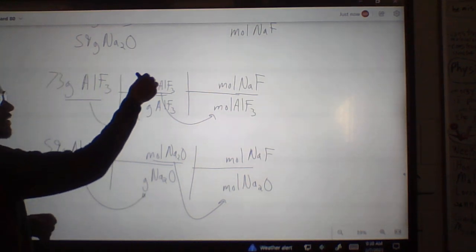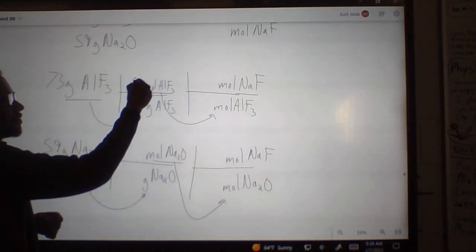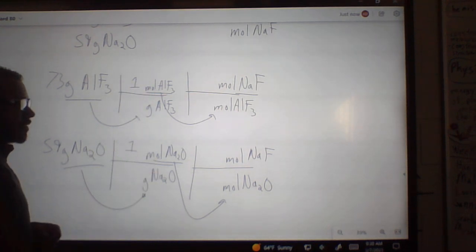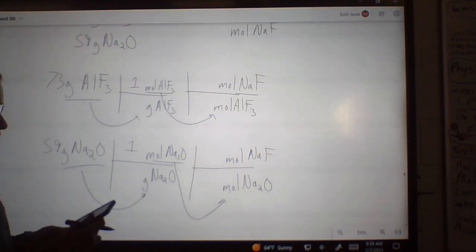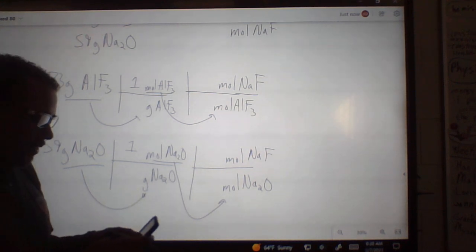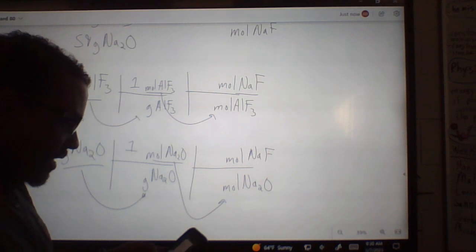All right, so anytime I'm changing moles to grams, the mole can get a 1, and then this would just be molar mass. We're not going to do those calculations, though.